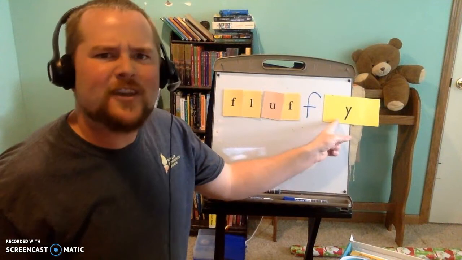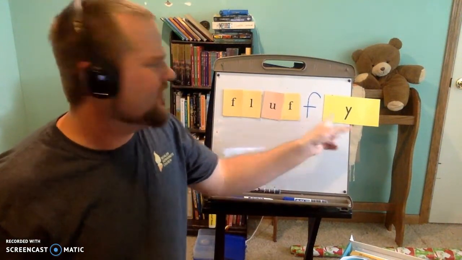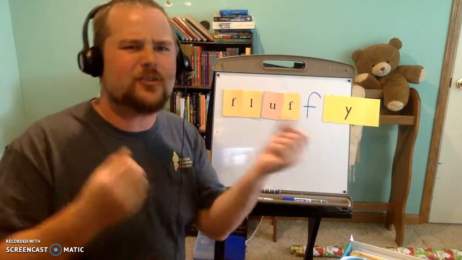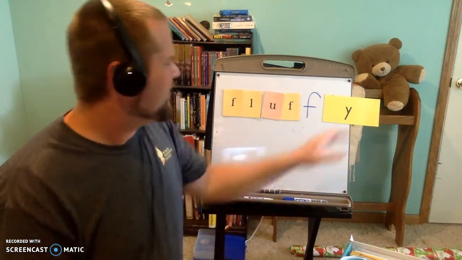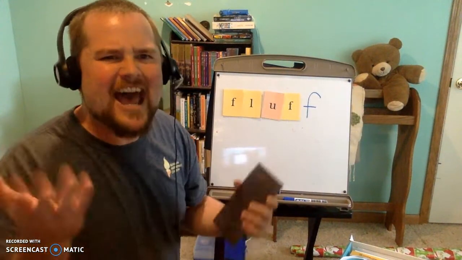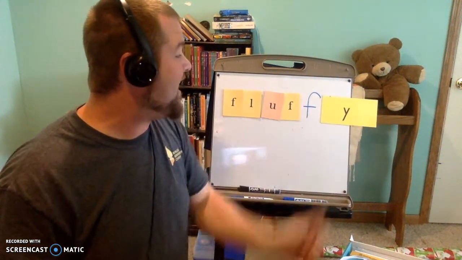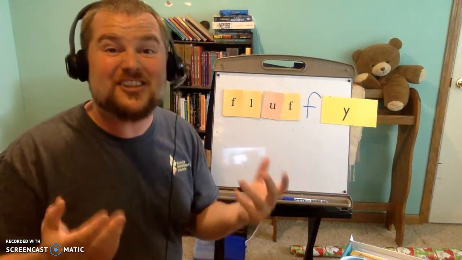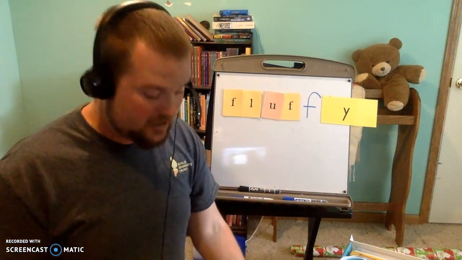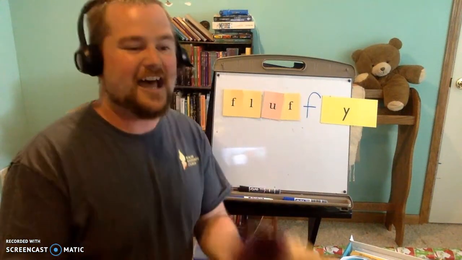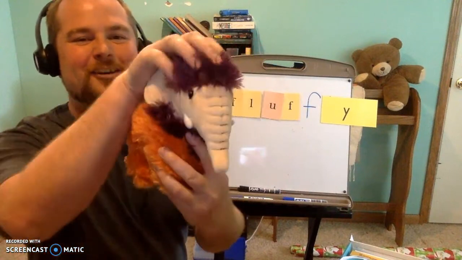Yes, it is suffix y. So, what part of speech is this? Fluff is a noun, it's a thing. But if you add the suffix y, it makes it an adjective. It describes something that is fluffy. Like Mooey Booey, he is fluffy.